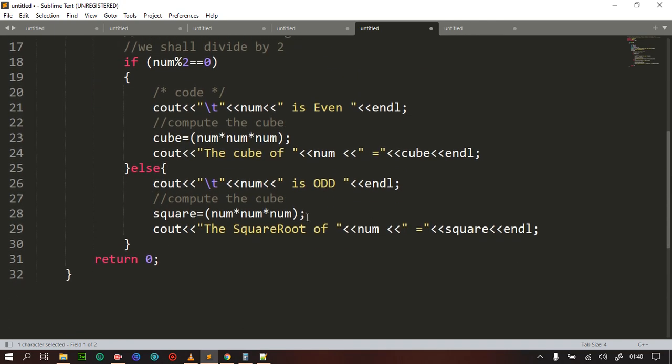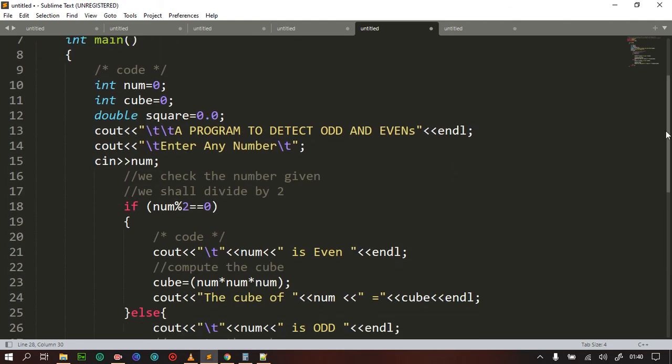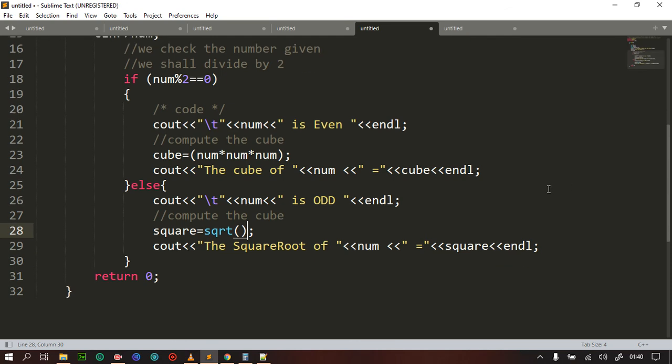So we shall come back here, and from that library we have a function that is called sqrt. Of course we shall know the details in the future, but each time you learn about a library, it means you need to know most of its details. So in cmath there is a function called sqrt, and what it does is compute the square root. So there we are.